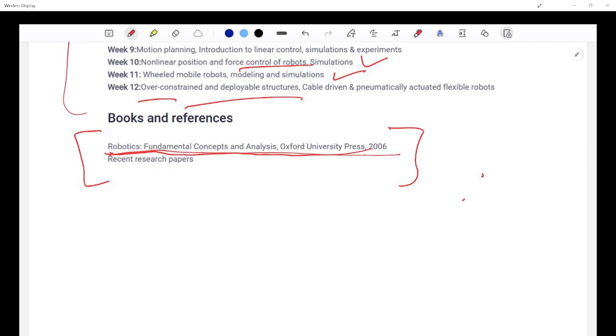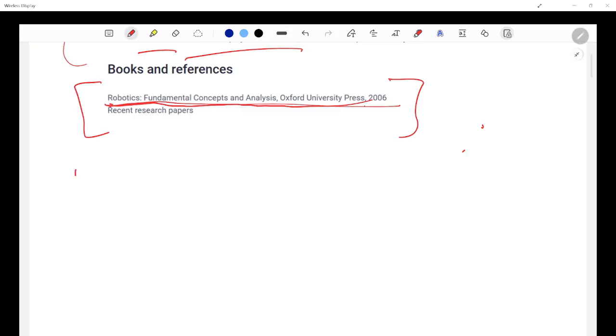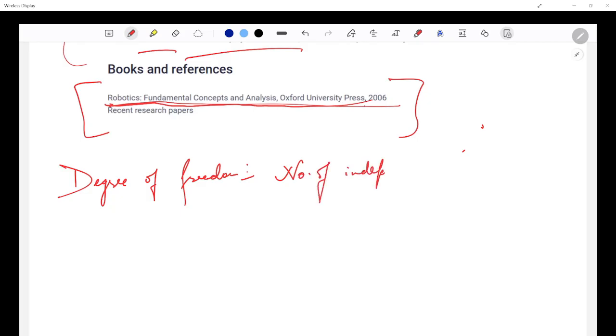Coming back to degree of freedom. What is the degree of freedom? It is basically the number of independent parameters required to define the configuration of the system.